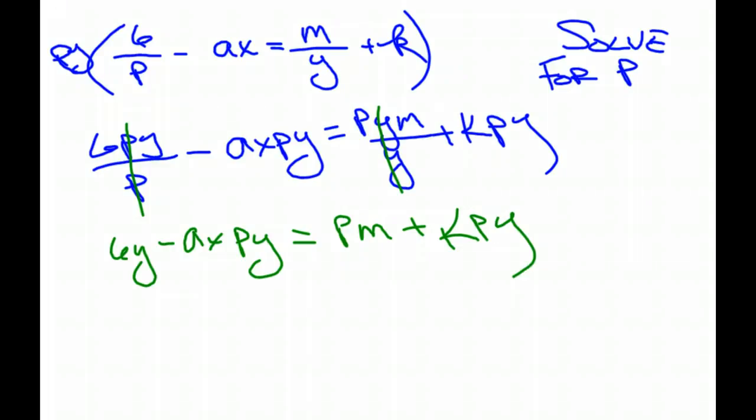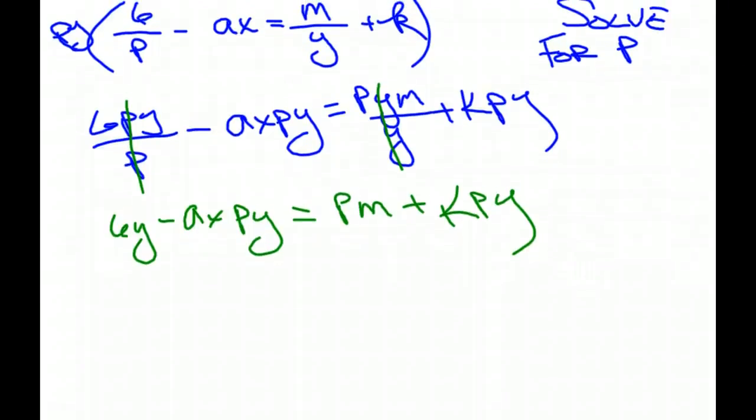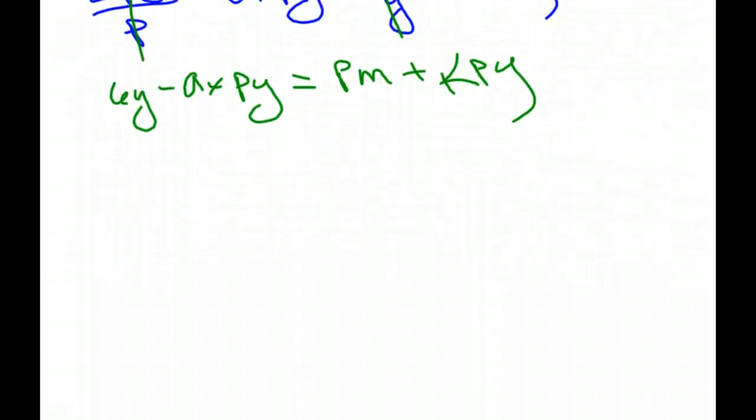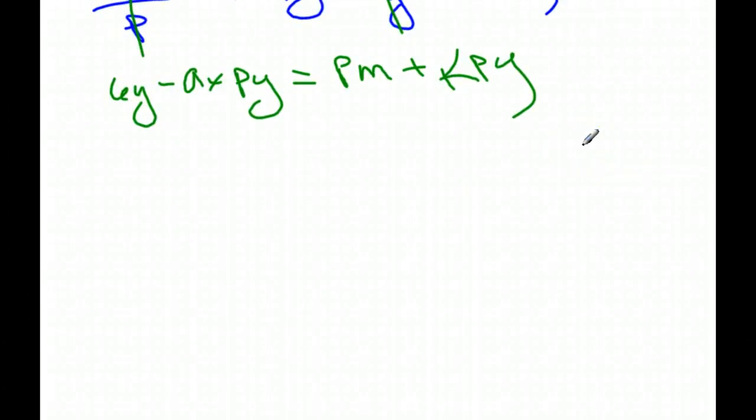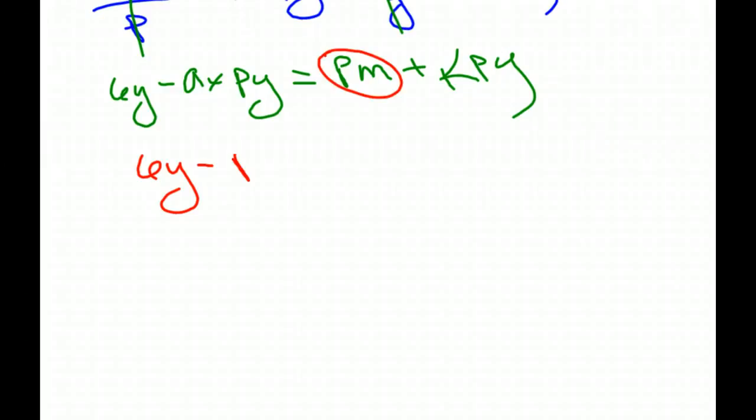Again, I'm looking for p, so I'm going to move all of my p's together. I'm going to move this axpy to the right-hand side because this is a minus, so I'm going to add it to both sides. Just makes life a little bit easier. So we end up with 6y. Oops, I'm sorry, I'm not moving that one to the other side.